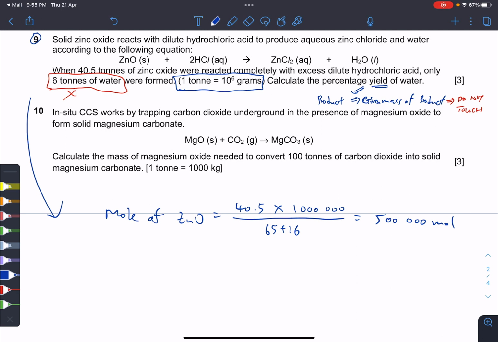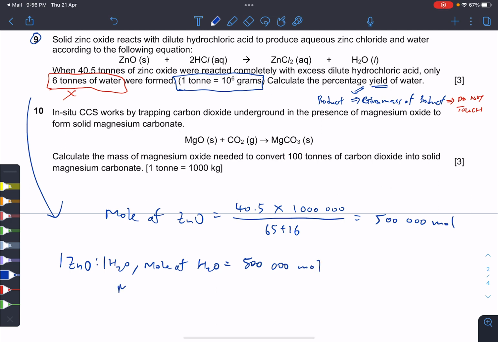I'm going to find water, because the question gives me the mass of water. So remember, yield is in percentage, in terms of mass. So 1 ZnO is to 1 H2O. Oh, that is nice. So the moles of water in this case is the same, 500,000 mole.